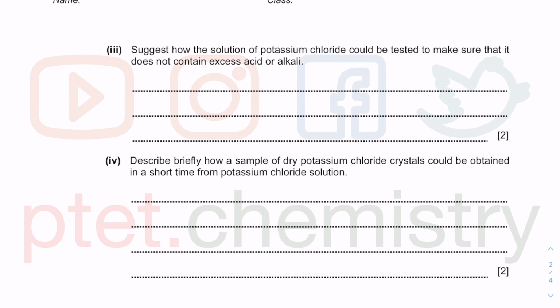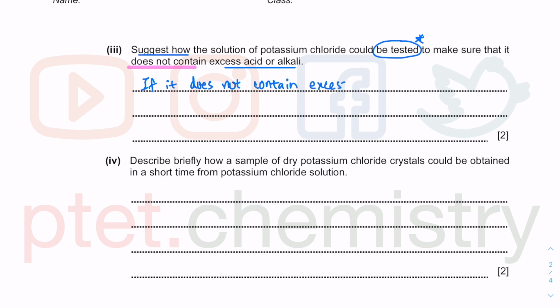Part 3. Suggest how the solution of potassium chloride would be tested. So you have to do some tests to make sure, read the question, it does not contain excess acid or alkali.